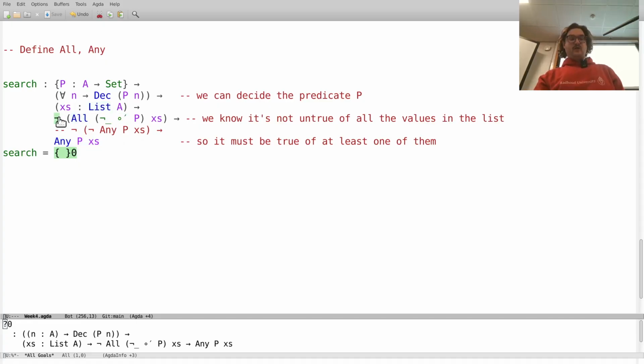And just like for the Markov case, it's because we have the strong assumption that it's not the case that the negation of the predicate holds of all of the values, that we know that at some point we are supposed to get one. And I think, yeah, I'll stop here if you want to have a go at implementing it. It shouldn't be too hard.